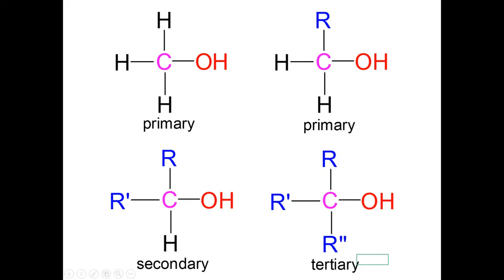When the OH group is attached to the secondary carbon, we categorize the structure as a secondary alcohol. And finally here, this carbon is attached to 1, 2, 3 alkyl groups, so this carbon is categorized as a tertiary carbon. When the OH group is attached to the tertiary carbon, it is considered a tertiary alcohol.